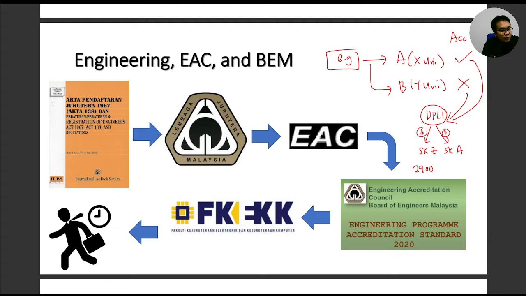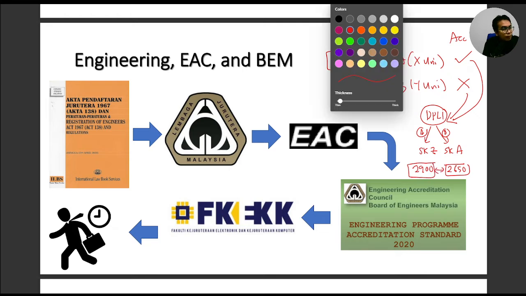But person B, who went to school A, is only gaining like 2,650. Okay, so the basic salary of these two persons is different because of this.